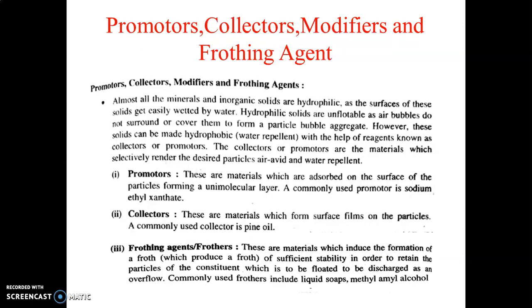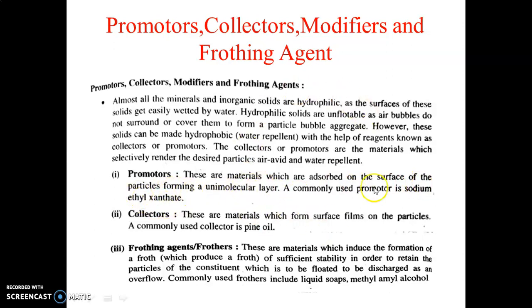Before that, we have to add some chemicals which are known as collectors, or sometimes called promoters, collectors and frothing agents. These are added to make the particle hydrophobic. Promoters are the material that is adsorbed on the surface of the particle, forming a unimolecular layer.